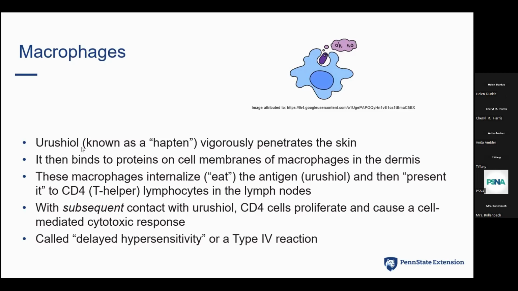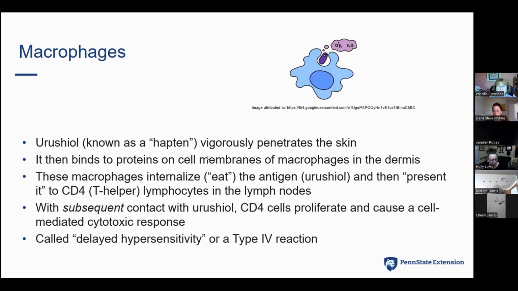This urushiol oil, which is also known in pathophysiology as a hapten, penetrates the skin, and it is a very persistent oil that will cling to the skin, and even after vigorous washing and removal, and apparently for quite some period of time, this oil can still be found in the skin.